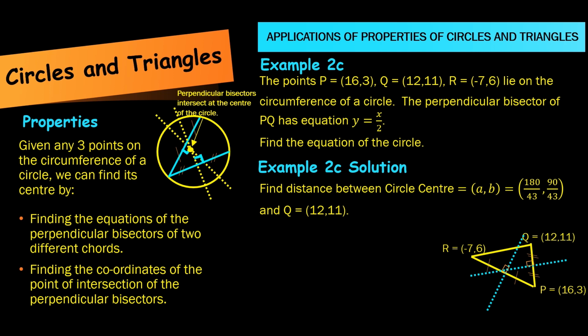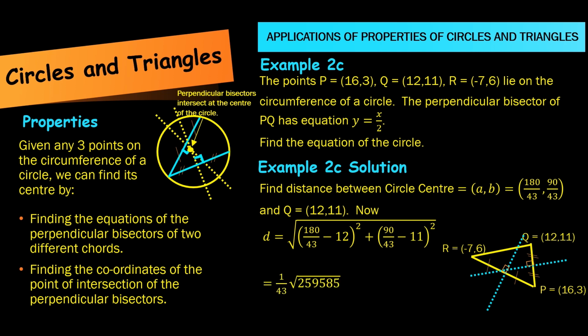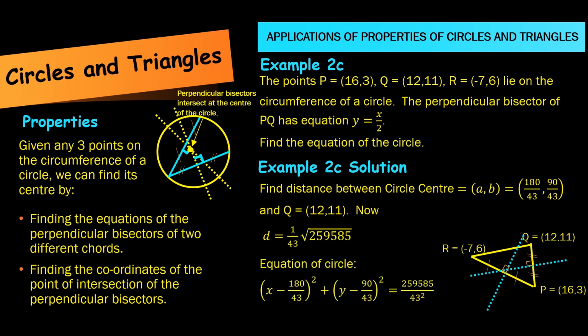We can do this by using Pythagoras, as shown. So this length is equal to 1 over 43 times root 259,585. So the equation of the circle is as shown.